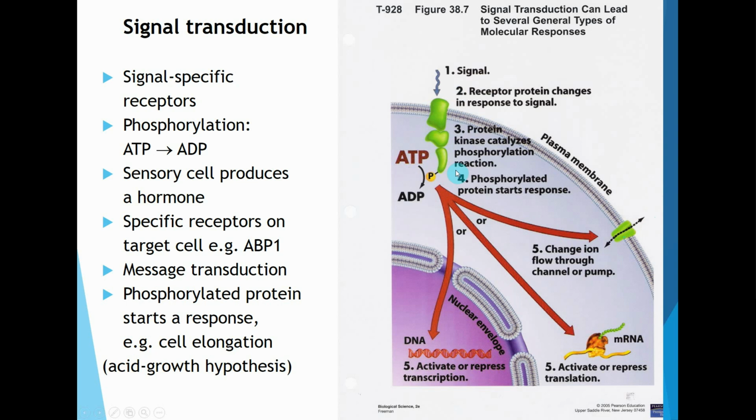But yes, you get signaled by a single specific receptor. We have a bit of energy being used here, and we can either go straight to the DNA to activate or repress, we could go straight to the mRNA to activate or repress, or we can go to the change of ion flow through that ATP synthase enzyme.